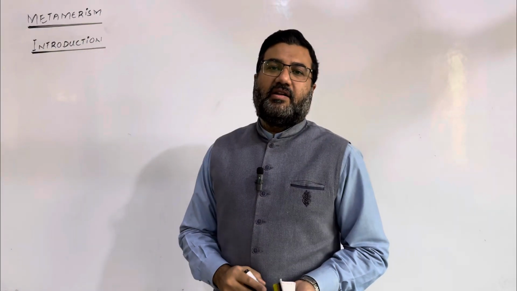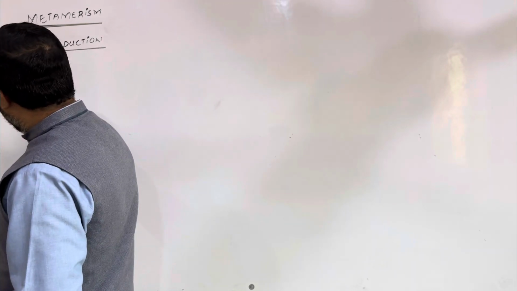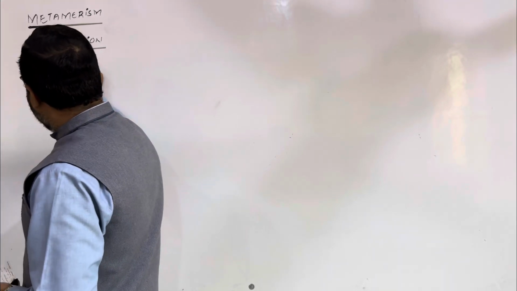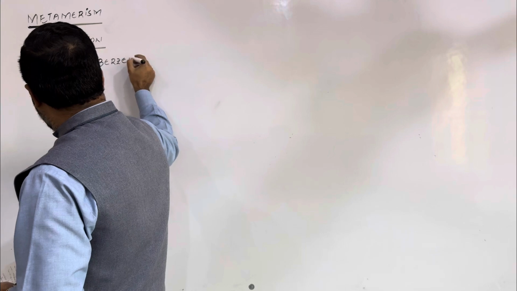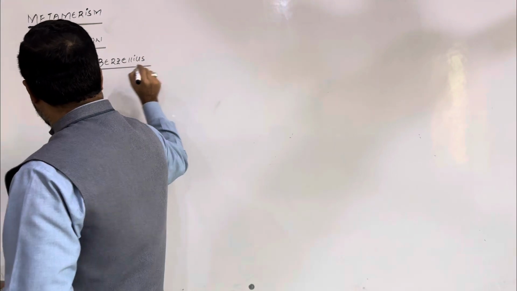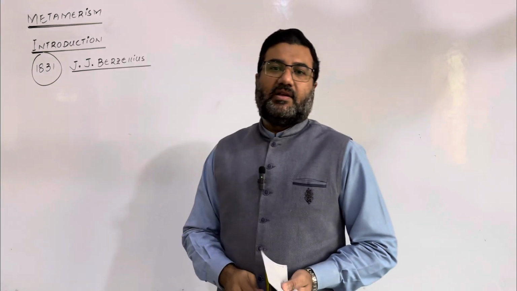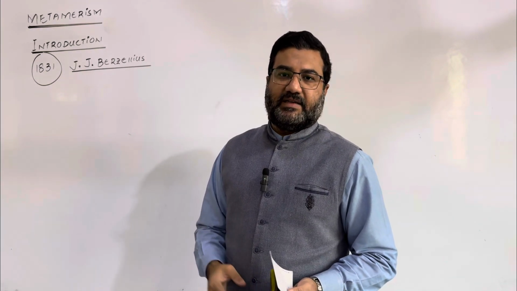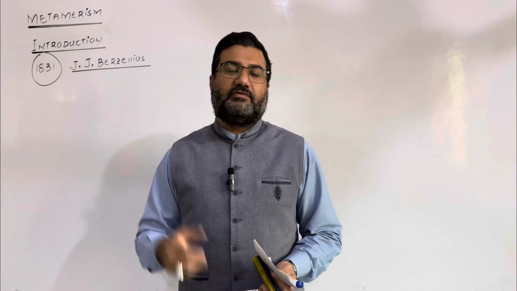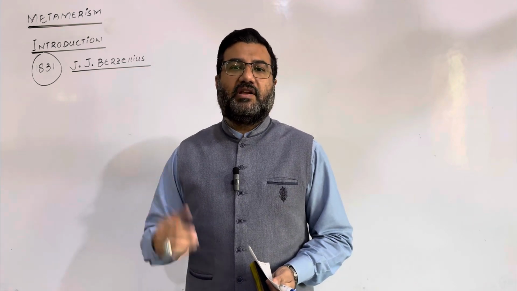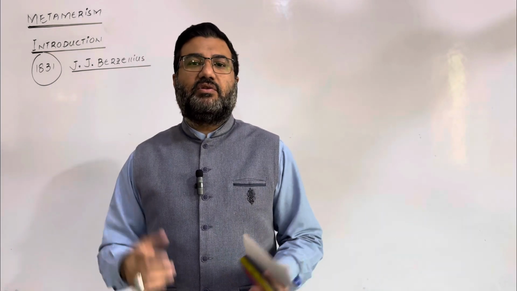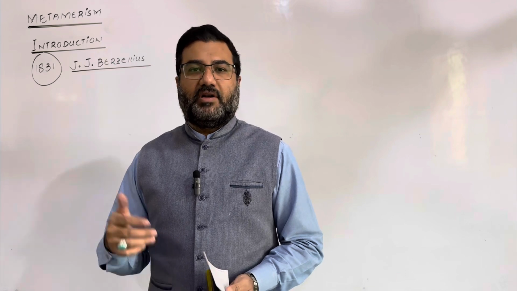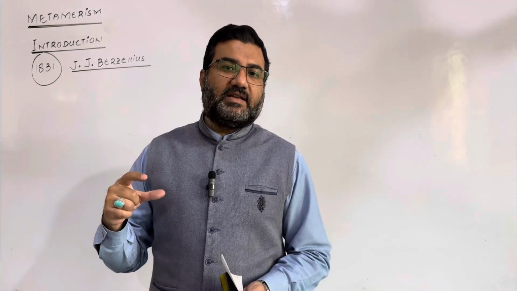So, students keep in mind that in 1831, when John Jacob Berzelius studied some compounds that had same percentage composition but different properties, he named those compounds metamers of each other, because in 1831 there was no term like isomerism, and in all the publications of the IUPAC even the isomerism term was not used, rather metamerism was used, and those compounds that had same chemical composition but different properties used to be called as the metamers.